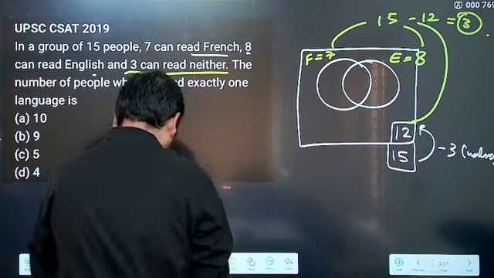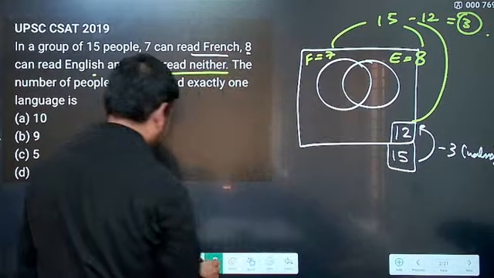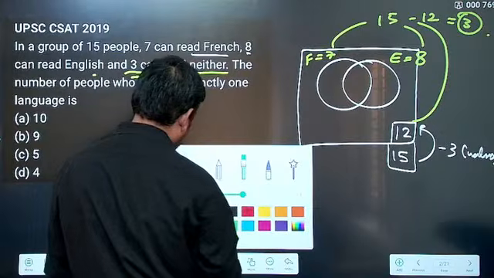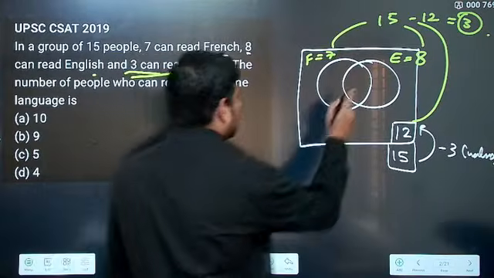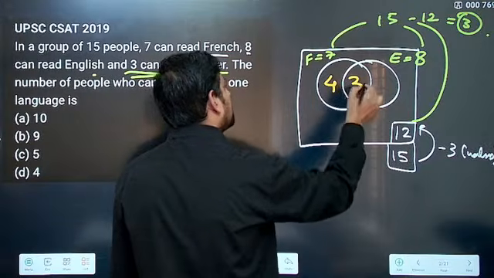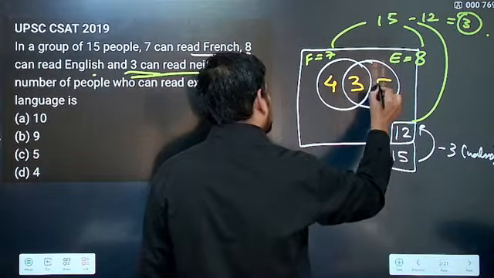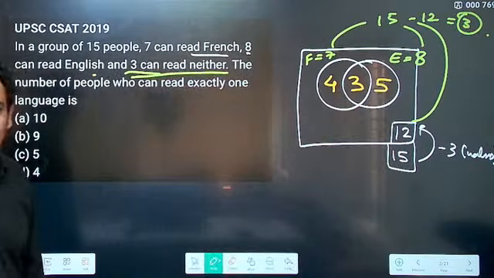So you get 3 here. Now if you get 3 here, this whole is 7. 7 minus 3, this becomes 4. This whole is 8. 8 minus 3, this becomes 5. Understood? Simple.